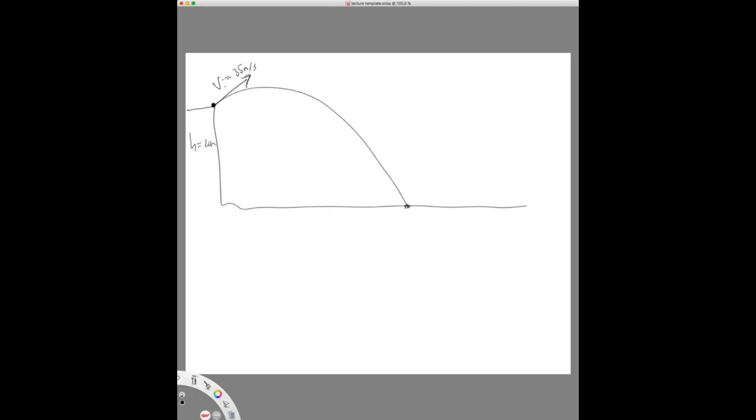This is going to go like this, and there's going to be some final velocity which we want to know. Now, we can solve this using kinematics. We wind up solving for time using the quadratic equation, and then we found Vfx and Vfy, and then use the Pythagorean theorem to say Vf is the square root of Vfx squared plus Vfy squared.